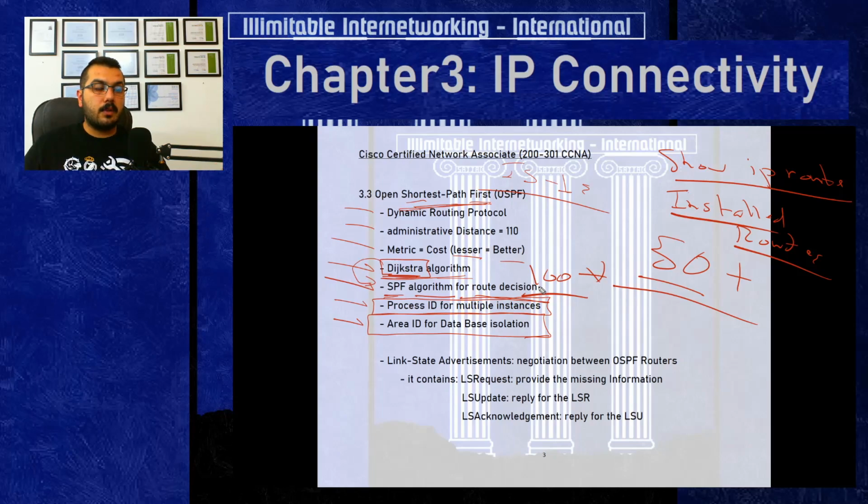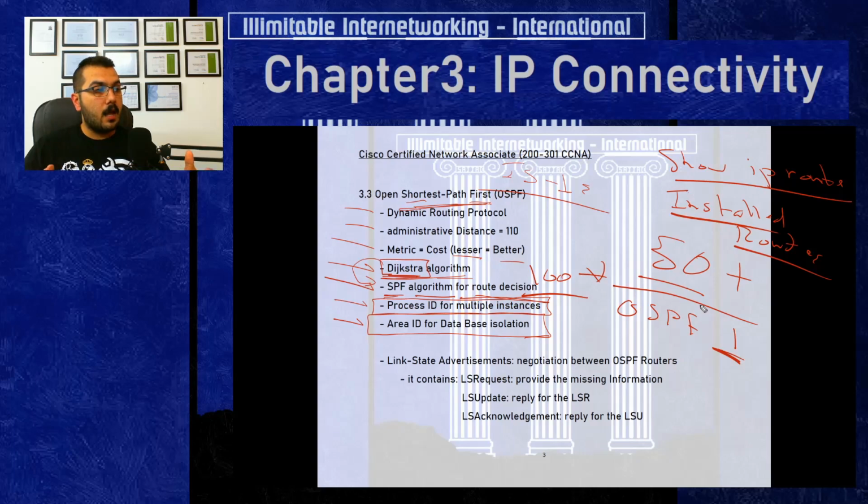So the first type of isolation and categorization for your network is the process ID. The process ID is the unique number that you assign to OSPF in order to isolate your networks or your routers, each one of them in a region, or maybe in a category.